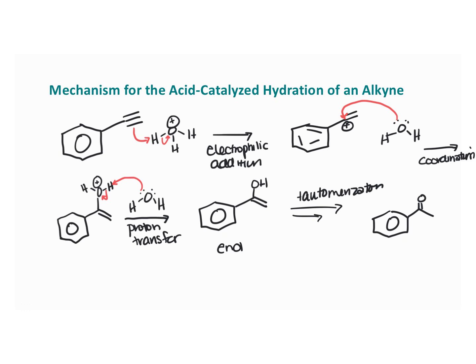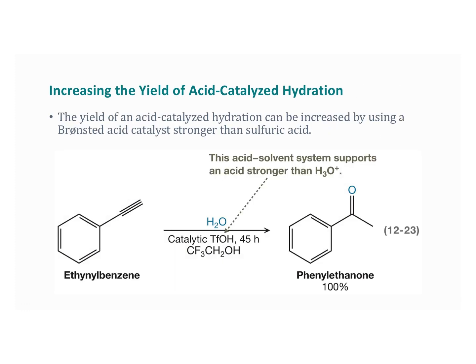Now, there are other things that we can do to increase the yield of an acid-catalyzed hydration reaction like this. One of the things is that we can use an acid catalyst that's stronger than sulfuric acid. In this case, what you see here is trifluoromethanesulfonic acid, right?